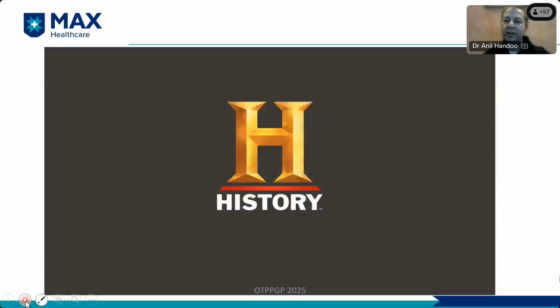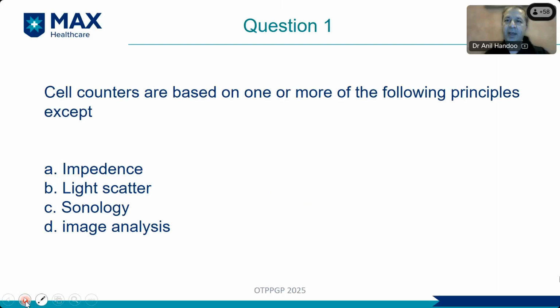So let's just quickly peek into the history part of it. And I believe that I have students around with me. So the first question to any one of you, whosoever volunteers: cell counters are based on one or more of the following, except. There are four choices: impedance, light scatter, sonology, and image analysis.